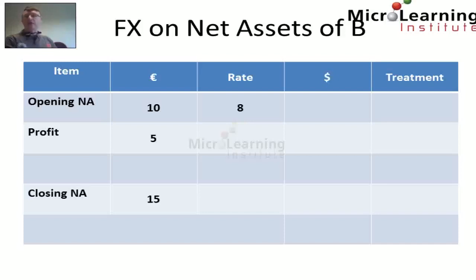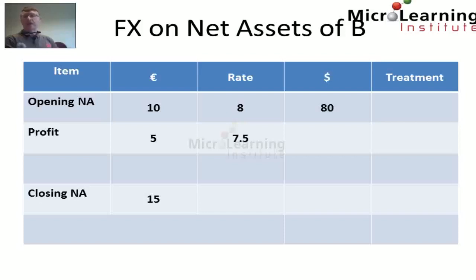Now, we need to translate each of those elements at the appropriate rate. The opening net assets are translated at the rate that was relevant on the date of acquisition, and therefore the €10,000 translates to $80,000.